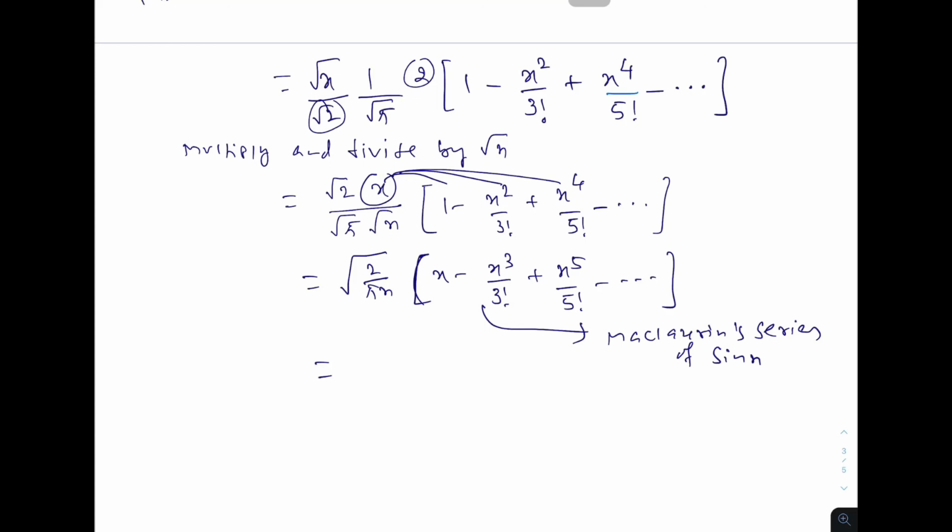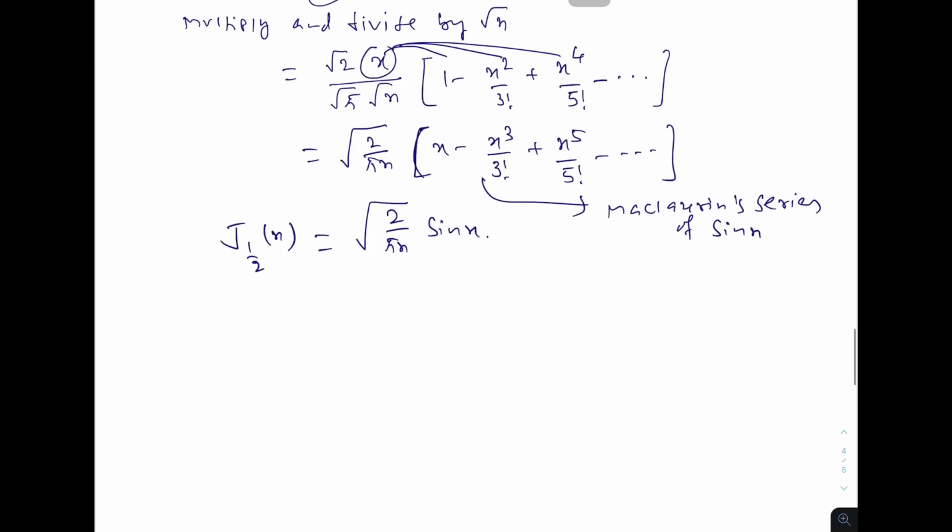So j 1 by 2 x equals root 2 upon pi x sin x. So that is the answer.